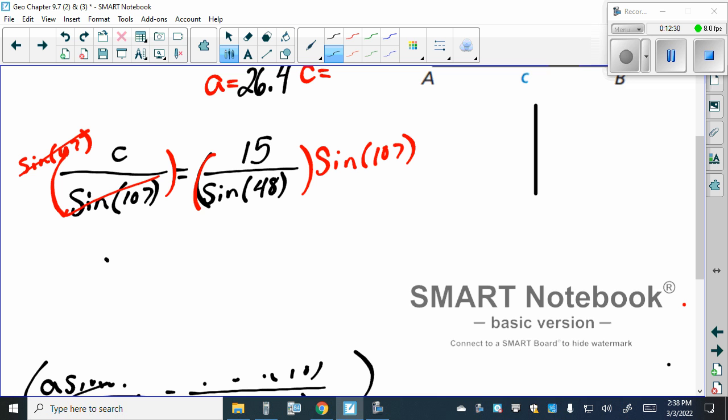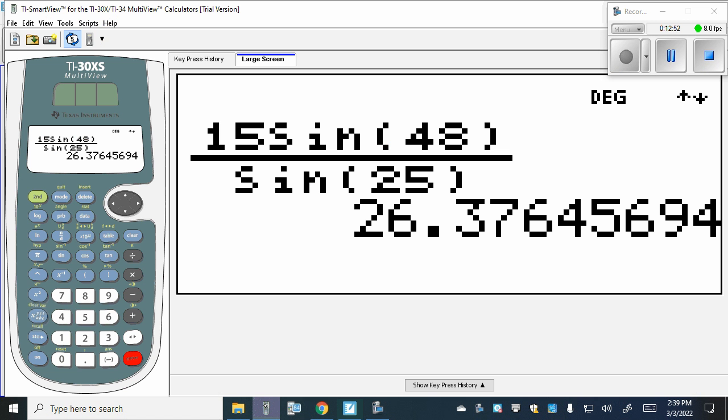It actually tells us that C is equal to 15 sine of 107 over sine of 48. Any questions on this so far? Now, the reason I picked 15 and sine of 48 is because if we look back at the calculator, what we typed in previously does have the 15 in the numerator and sine of 48 still in the denominator, yes?